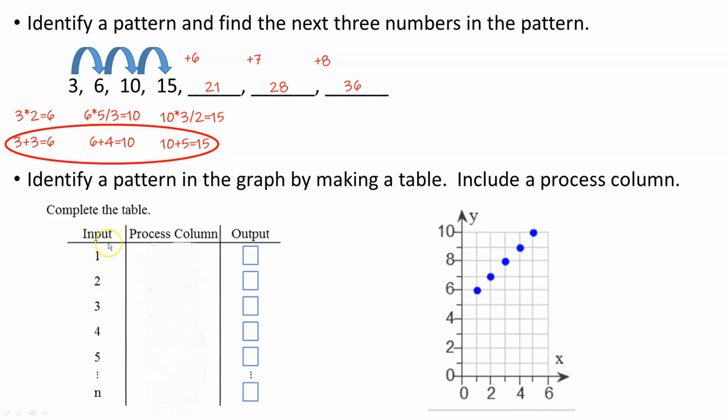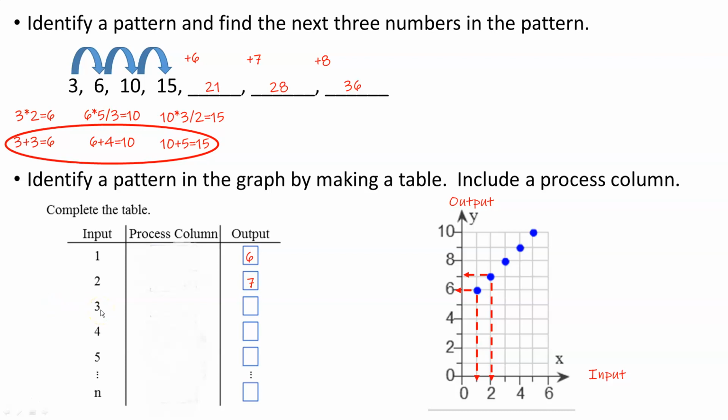Which one is the input? Oh, that's over here. Your X is going to be your input, which means your Y is your output. This is not as hard as it originally looks because you say, okay, for the input that's 1, our output is 6. For the input that's 2, because we just look at these little points, the output is 7.